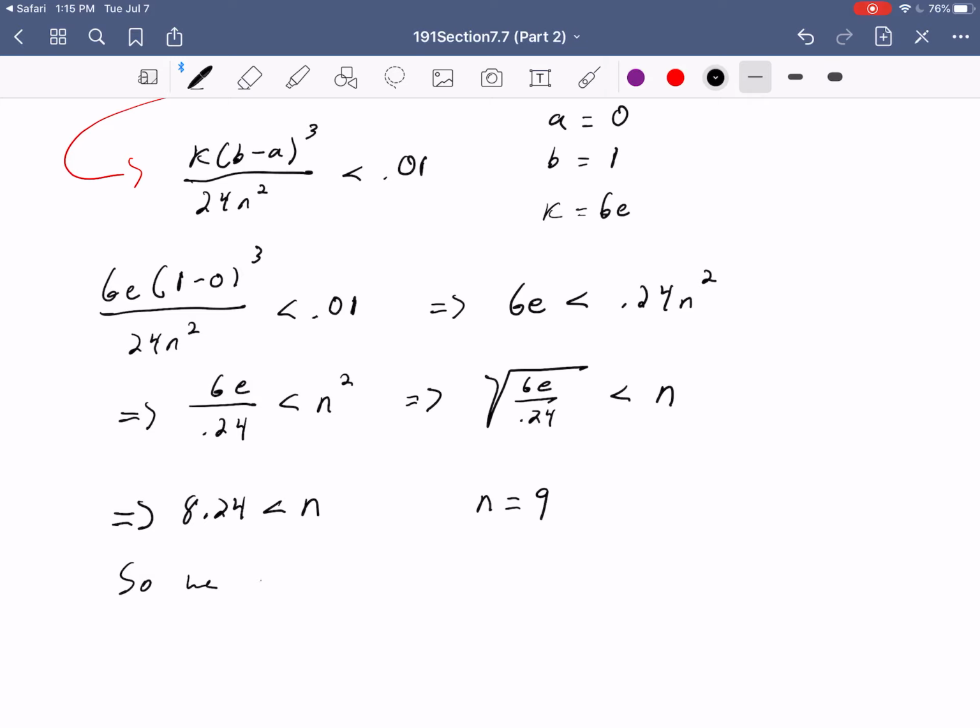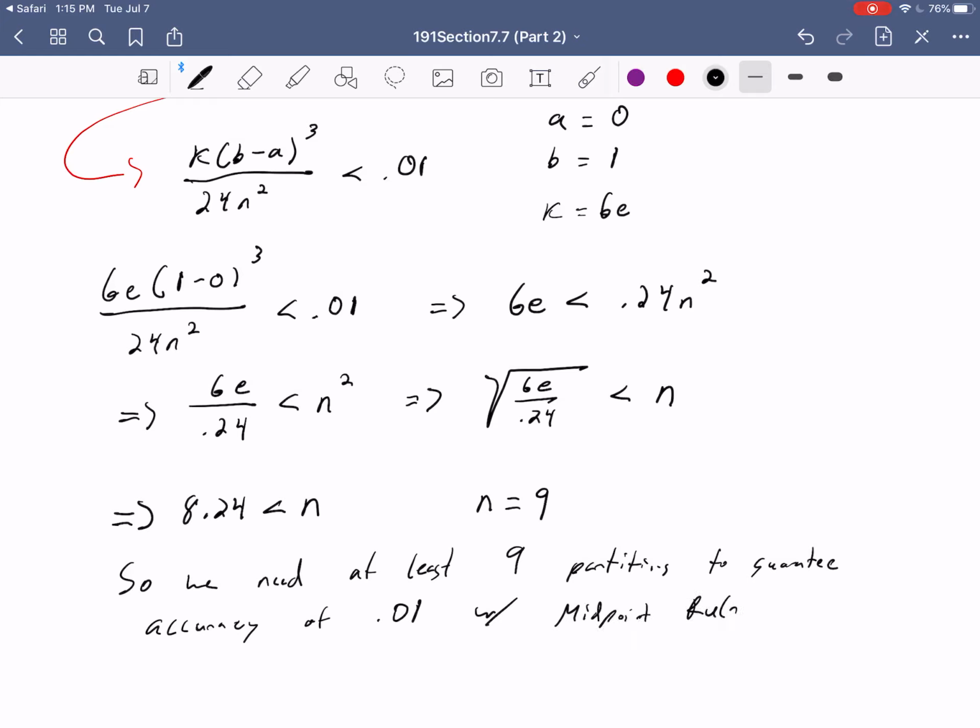So we need at least 9 partitions to guarantee accuracy of 0.01 with the midpoint rule.